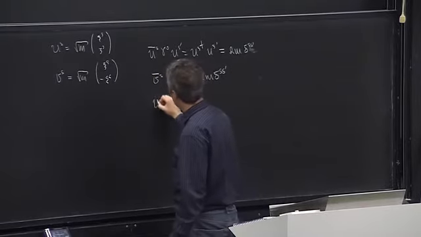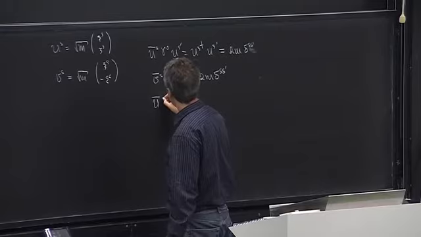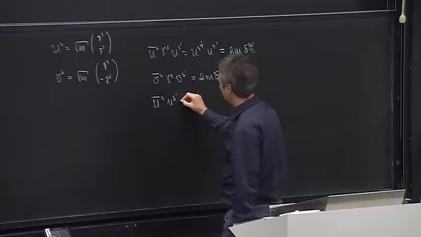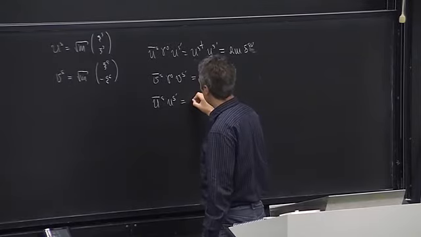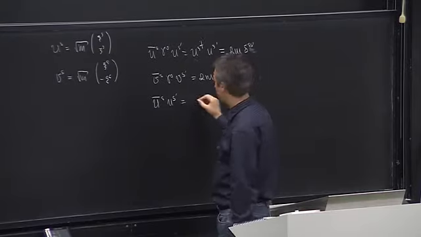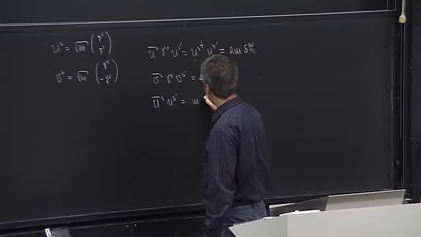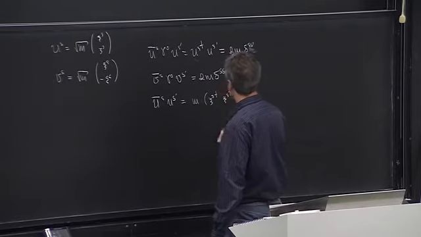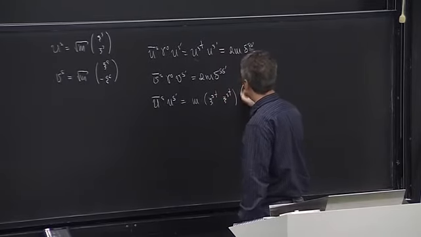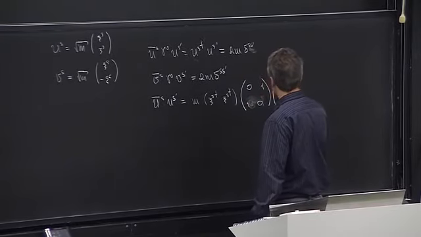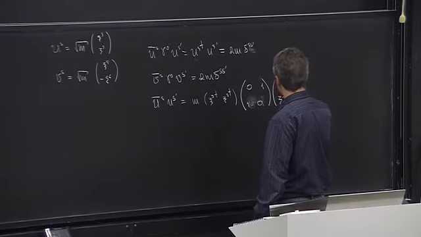Now, if we compute U bar s U s prime without the gamma 0, this means that we insert a gamma 0 between the spinor and its conjugate. So this will be equal to m psi s dagger, psi s dagger, and here we will have gamma 0, which is an off-diagonal unit matrix, then psi s, psi s.